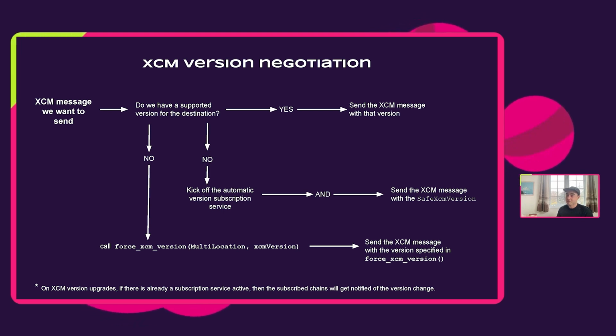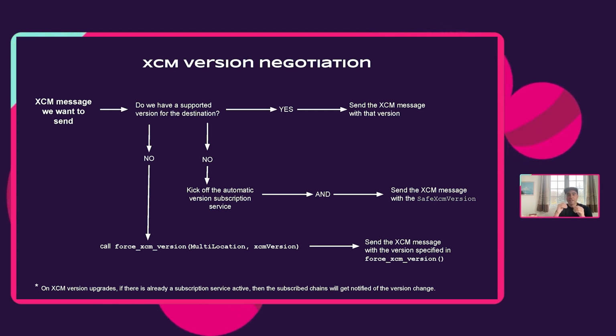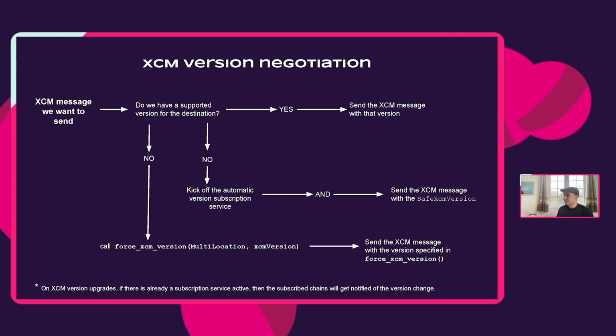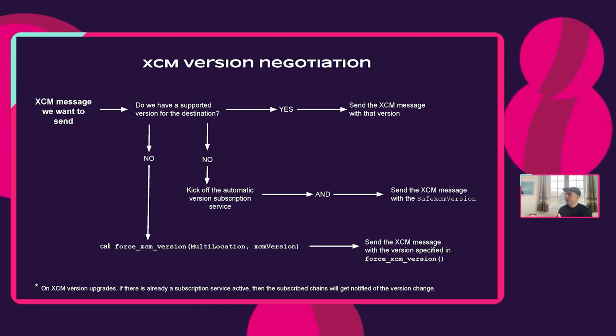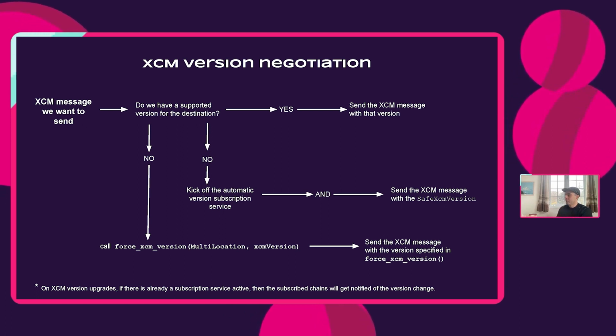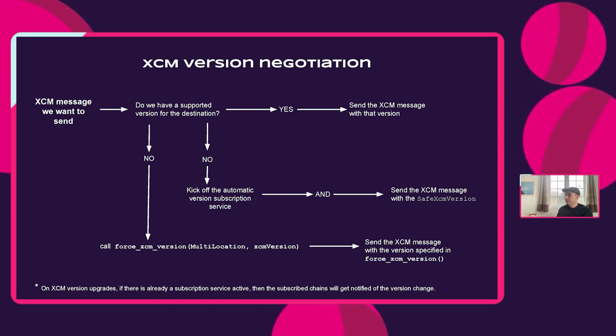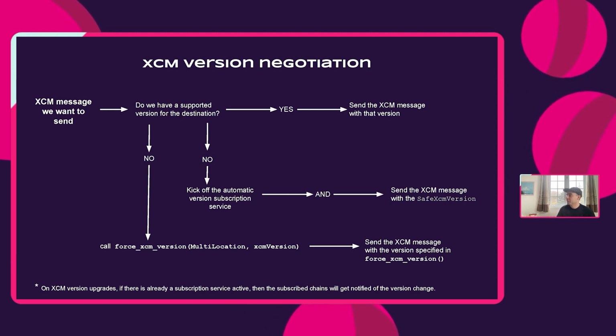However, in the beginning, that registry may not be populated because this may be the first XCM message, the first use case where we're interoperating with this destination chain, right? If that's the case, there are 2 potential scenarios here. If we don't know the destination's XCM version, this is where that automatic version discovery process would kick off in the background. It'll run in the onInitialize hook of this chain.